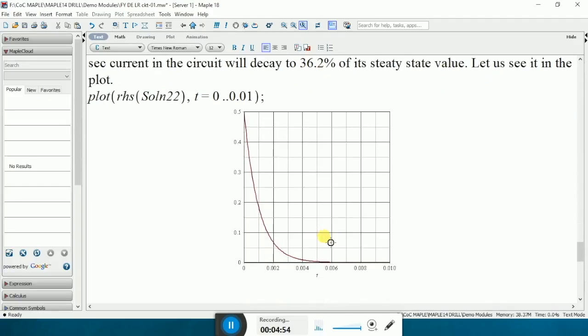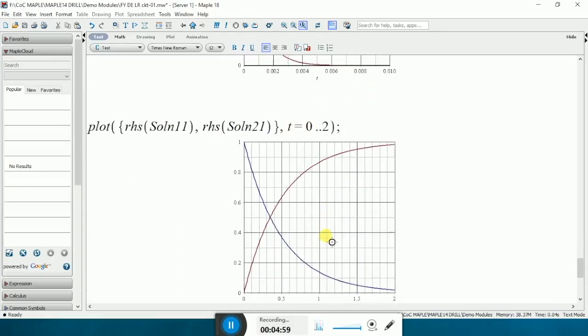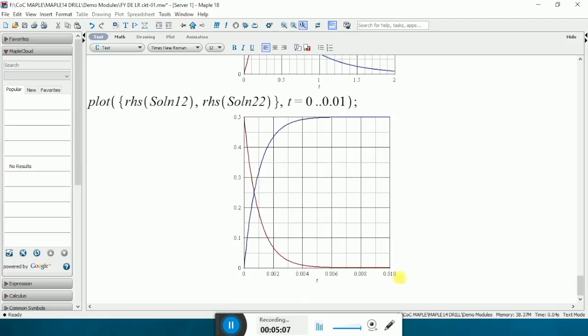So here this is the plot. You can see the two plots at one time. This is the growth and this is decay for the first set of data, and for the second set of data you can look at the time value. This is the growth and this is decay.